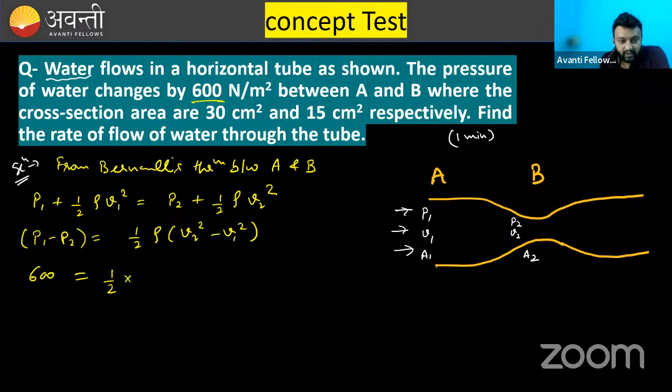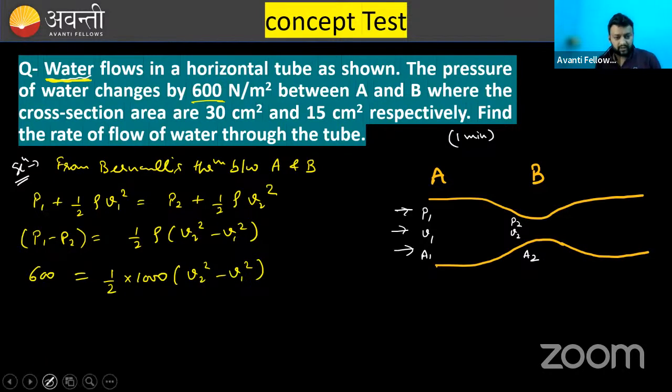So the density of water is 1000 kg per meter cube. That's why I have highlighted the term water, because the density of water is known, so don't ask for the density of water to be mentioned here. Now, this is V2 square minus V1 square. You can solve it and make the equation. I think these two zeros will be cancelled out.